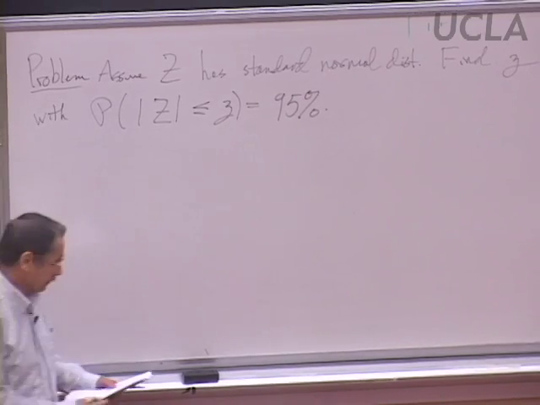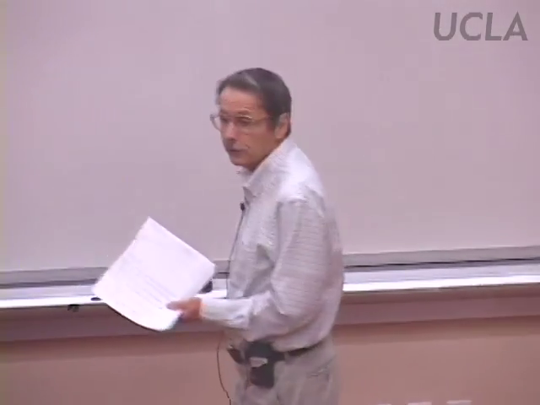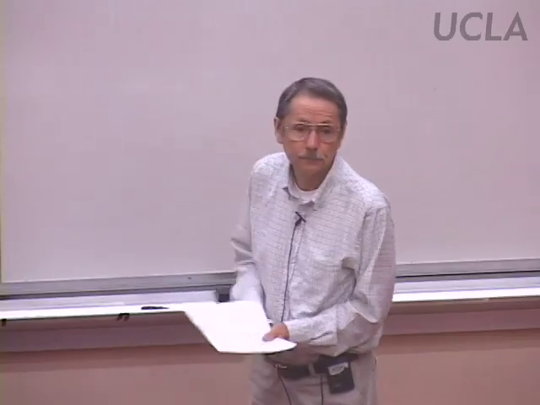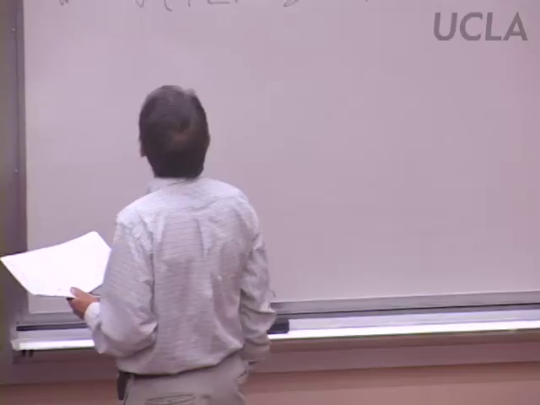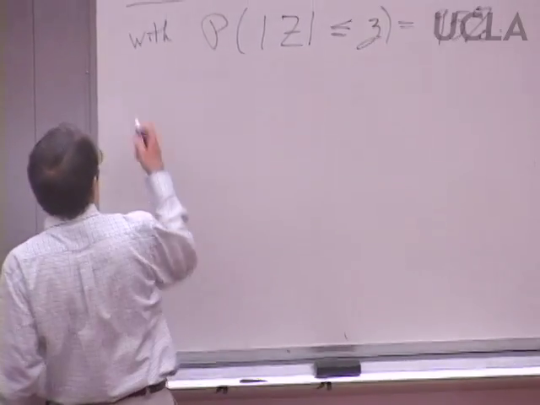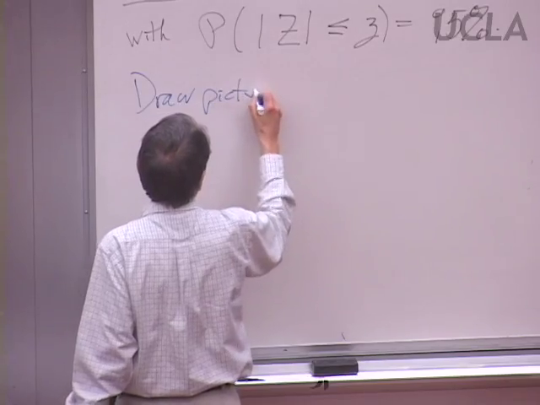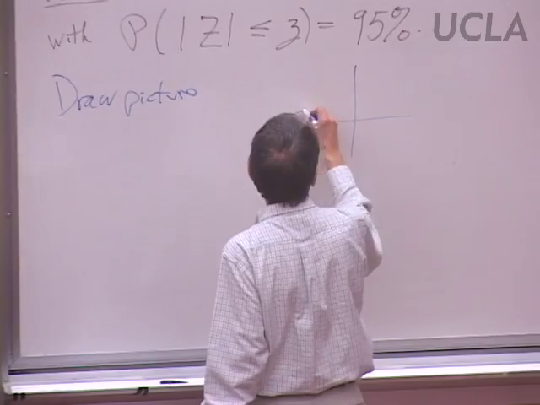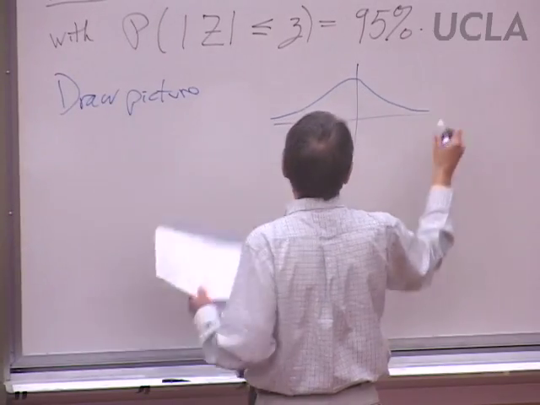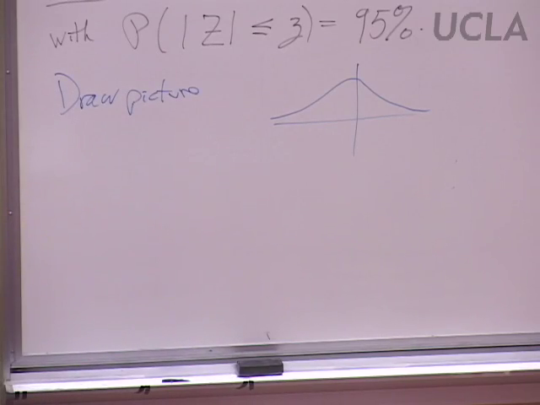Well, step 0, before doing anything, is to draw the picture. Okay. So we know what the density function looks like, the graph of little phi.